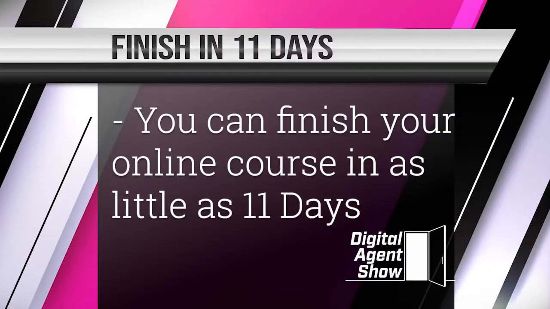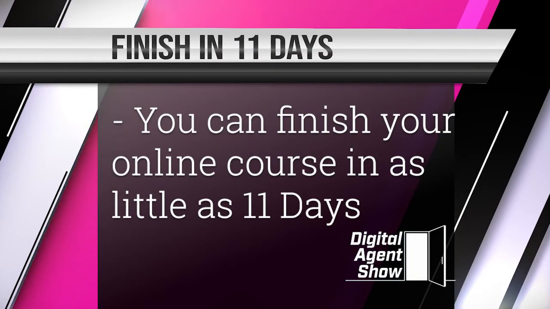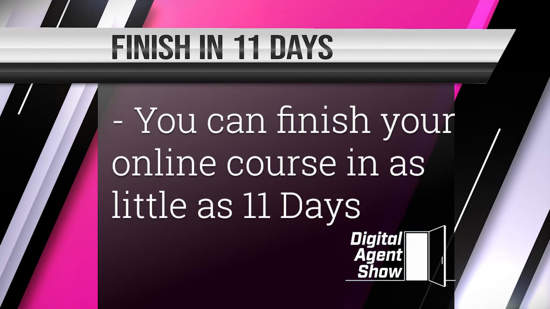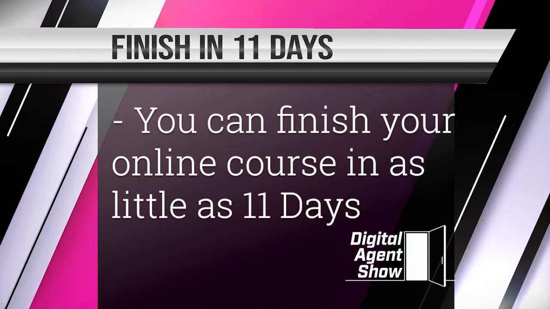Now, a little bit ago, I talked about 11 days, and it is possible for you to get your 60-hour course done in as little as 11 days. Let me explain. The students cannot receive credit for completing more than 6 hours in a course per day.